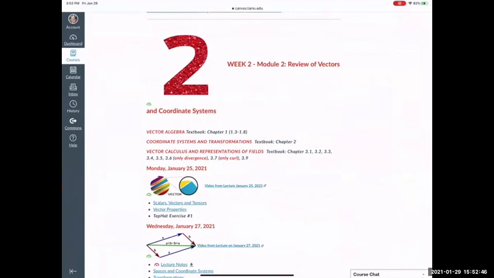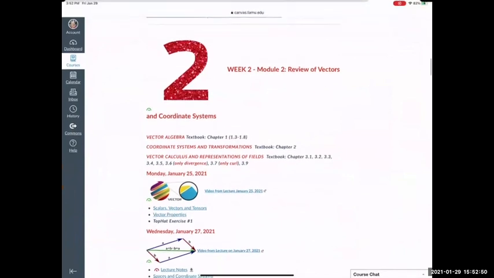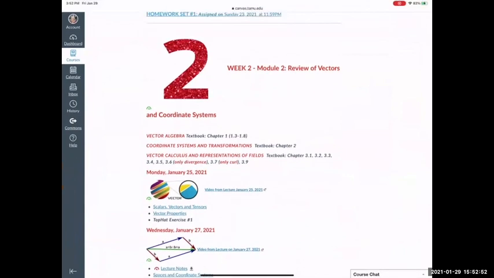So in here, 3.9, that you see, all right, vector calculus and representations of fields. Representations of fields is 3.9. Look at my notes and read that and do the quiz. And it's going to be easy. Before Monday, at noon, or whatever, afternoon.